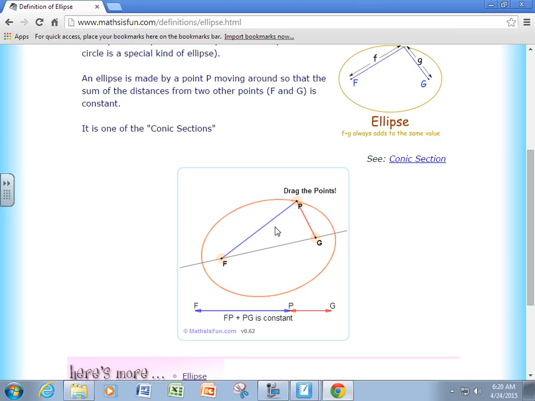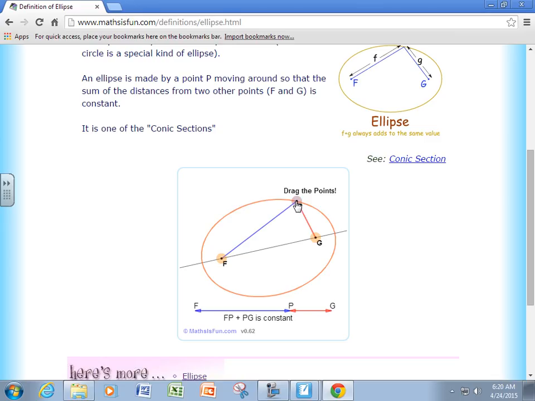Okay, so in the definition, they talked about the two fixed points, the foci, and that if you took the sum of their distances, so if you look at the red line and the blue line, that's the distances of the foci to a random point on the ellipse. Down here, this is showing their sum, so if I take the red plus the blue, that's their sum. Now it's saying this sum should not change no matter what the point is around this ellipse.